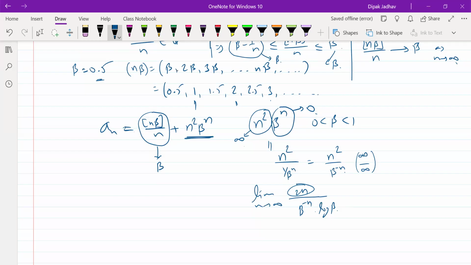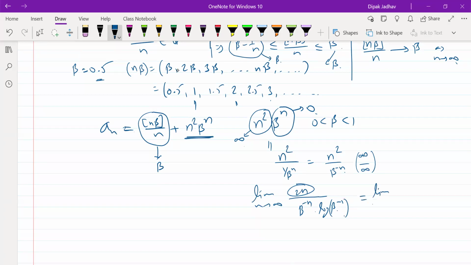Isn't it 2n upon beta to the power minus n log 1 by beta? Yes, log of beta raised to minus 1, correct.